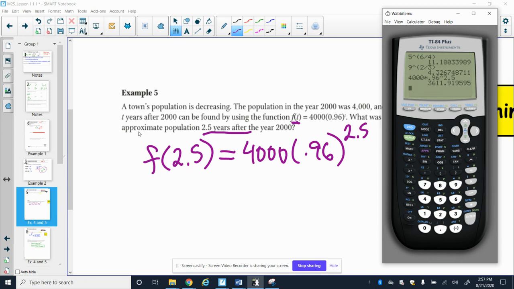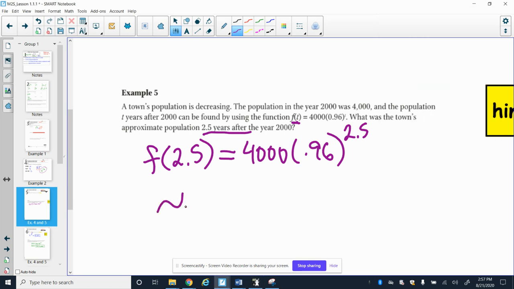So it's an approximation. What's the approximate population? So we have 3,611.9. Well, we're dealing with population, number of people, so we'd want to round to the nearest whole number. With 0.9, we could round up one. So we're looking at approximately 3,612 people.